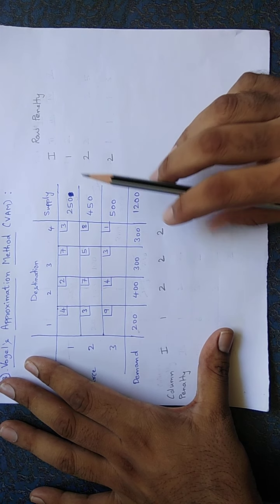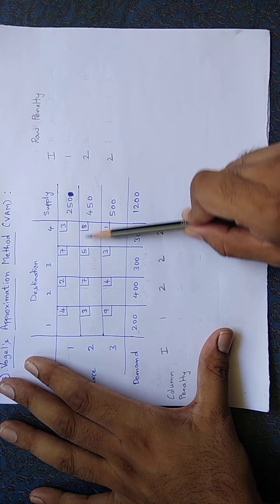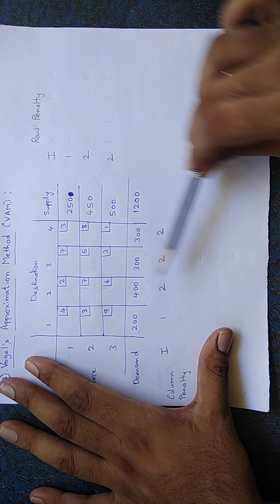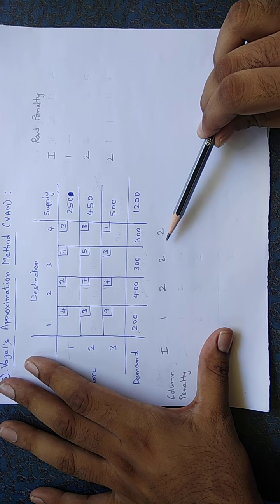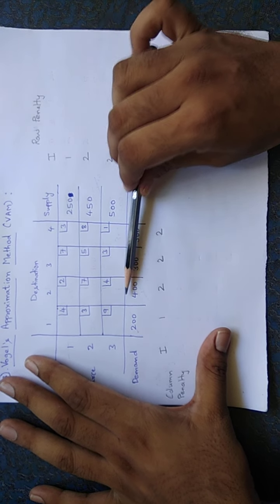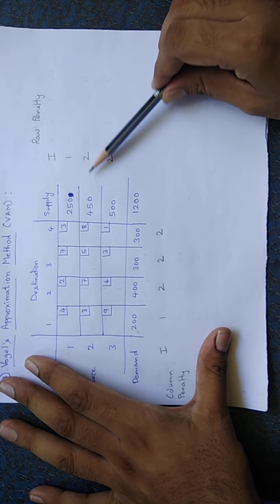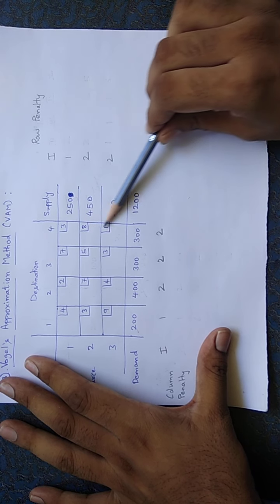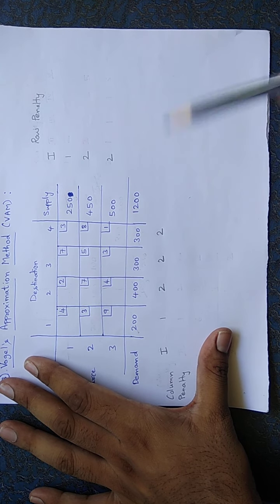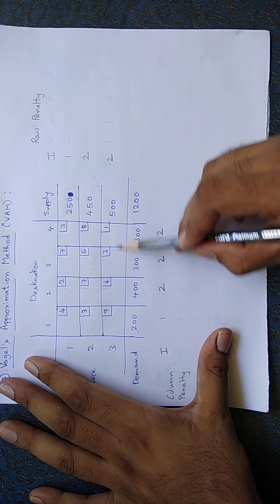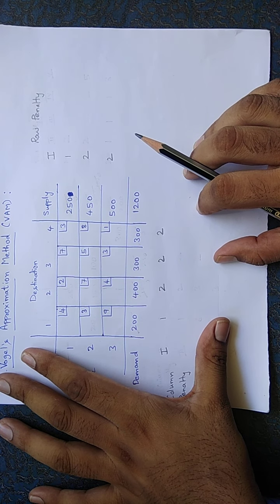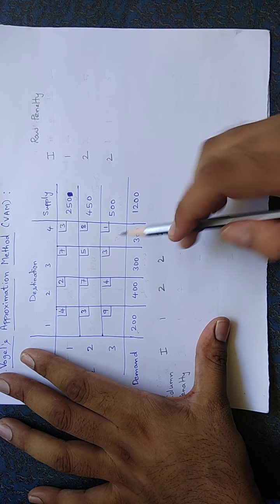So these two rows will come into picture, and now these three columns, that is 2, 3 and 4, are having maximum penalties. So these two rows and these three columns. Now among these six cells, we will allocate for the least cost.